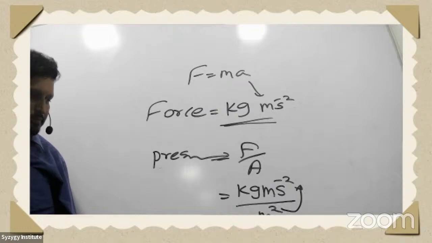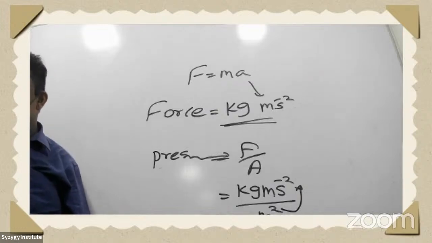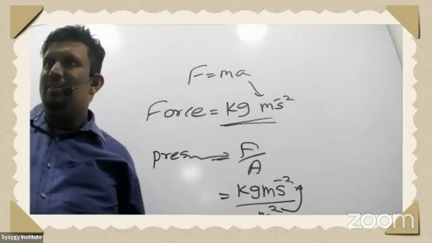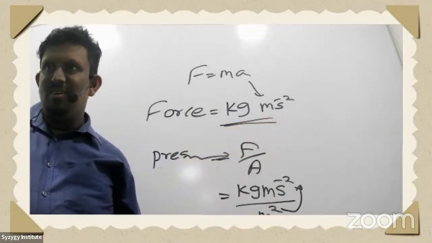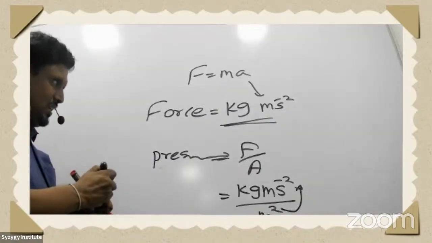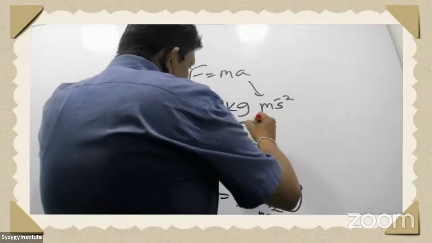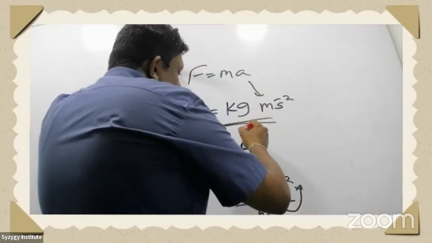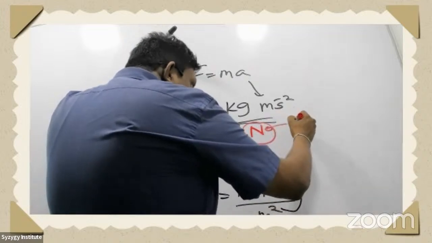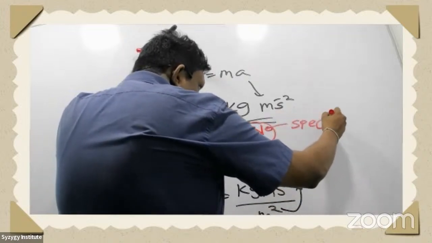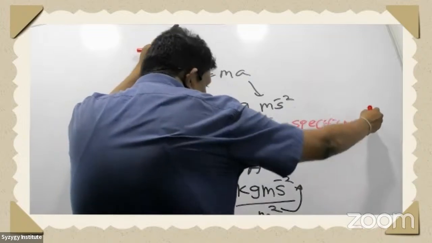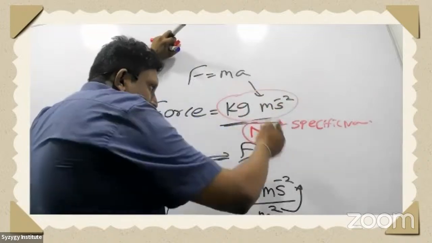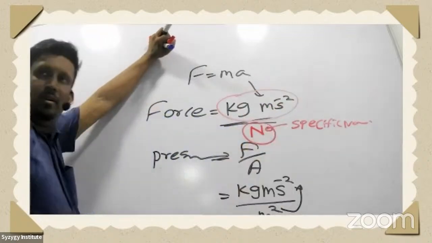But normally we are not writing this unit for force. Simply we are using Newton. This is the specific name. Instead of kg ms minus 2, we can directly write Newton.